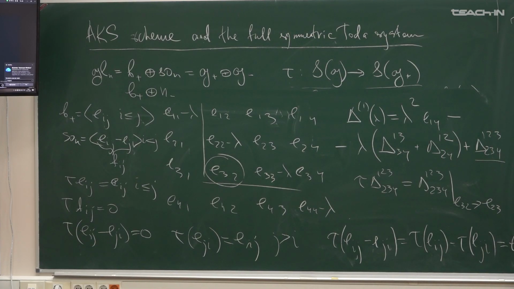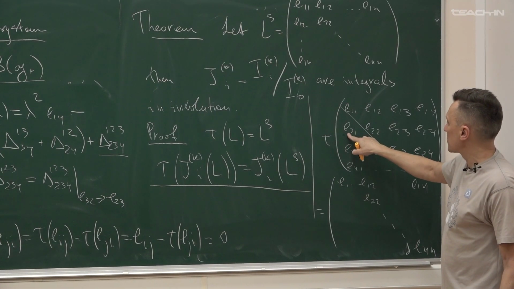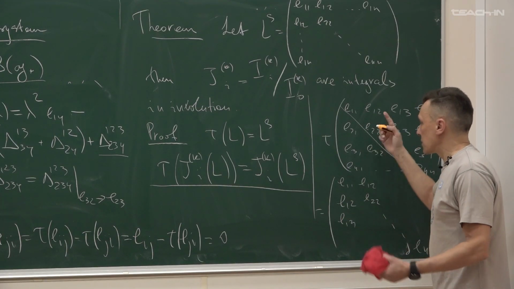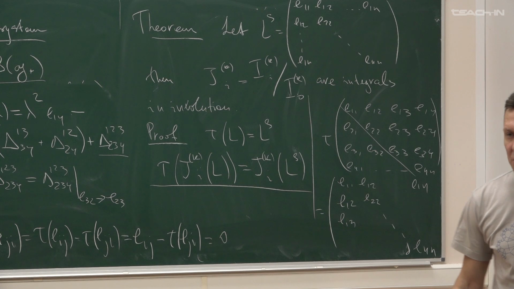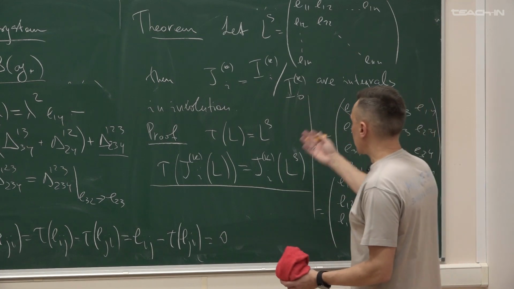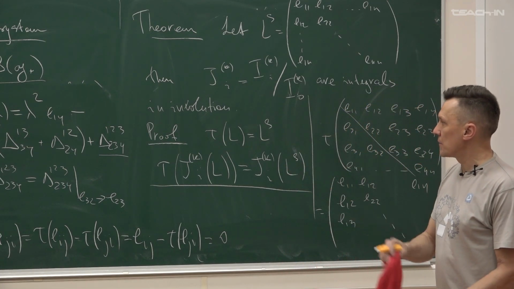So it means that the projection, the tau applied to this element is E12, E13. So it's a symmetric matrix which we need for describing the full symmetric Toda system. Okay? So it's principally the end of this construction.